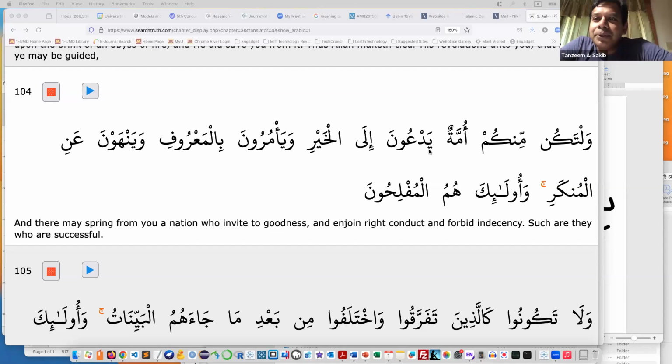In the Quran, of course it's Allah's message, he's not saying you have to be Muslim to invite to goodness or enjoin right conduct. Exactly. Even the content, you're not saying you have to be Muslim. No. Because we Muslims actually are at the service of everybody else, right?